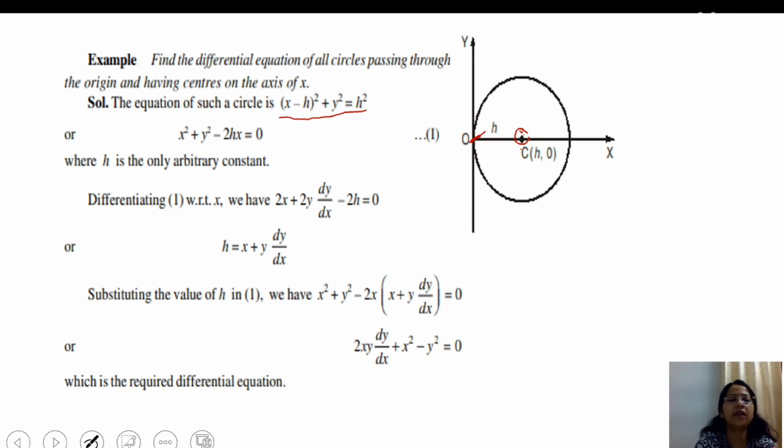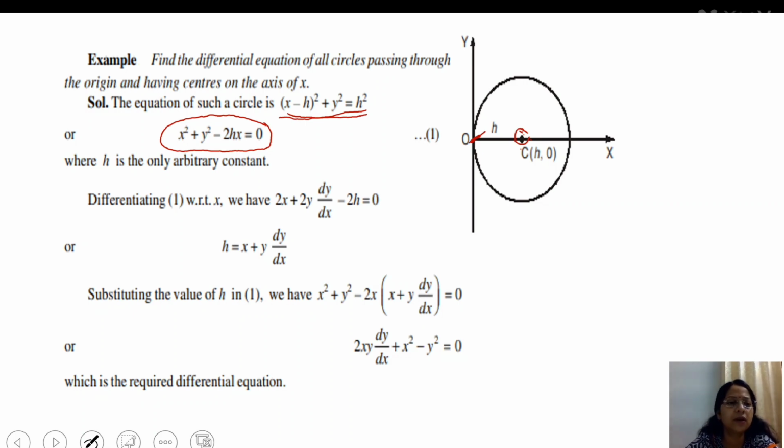So here we can write the equation of the circle passing through the origin having center at (h, 0) as (x minus h) whole square plus y square is equal to h square. On simplifying, we get this general equation. Of course h is an arbitrary constant.